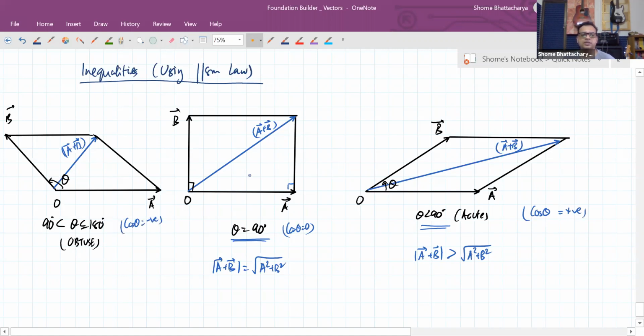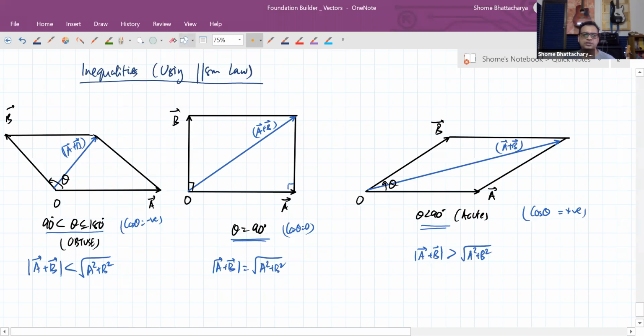So whether you look at the diagram and understand geometrically, or you substitute in the formula assuming cos theta is some negative quantity, you will see that this will be less than root of a square plus b square. Okay, so the three different cases: when theta is obtuse, the magnitude of a plus b is less than root of a square plus b square. When theta is acute, it is more than root of a square plus b square. And in the case where it's exactly 90, it's exactly equal to root of a square plus b square.